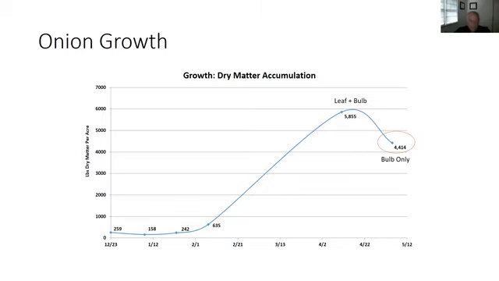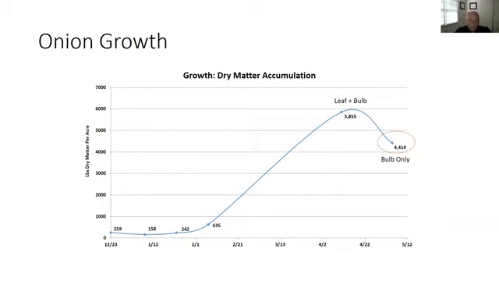But again, up until late January, we have very little dry matter. It's essentially the transplants that you put out in the field. And it's in early February when you start seeing this very strong growth rate, and that occurs up until, in this particular season, mid-April, when bulb and leaf tissue maxed out.